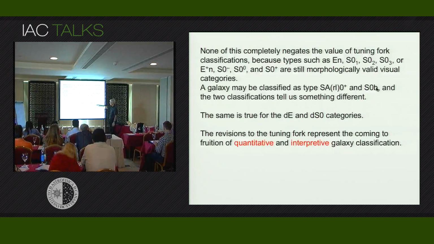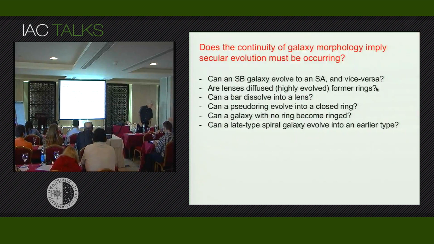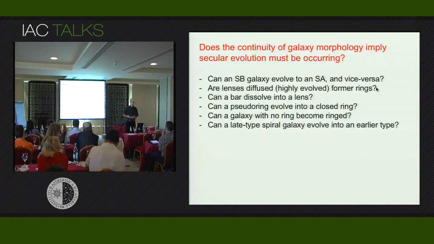You may classify a galaxy like this and like that, and you're seeing two pieces of information. They still are S0s, but you're looking at them in a different way. And the DE and DS0 categories are still historically relevant. So these revisions that I've just talked about represent the coming of age of quantitative and interpretive galaxy classification.